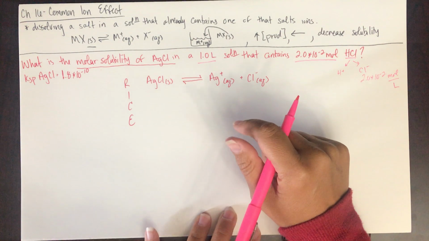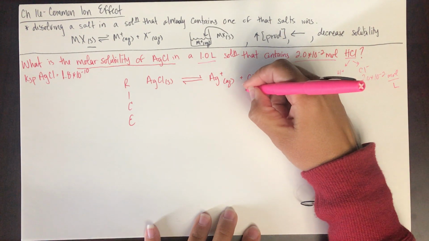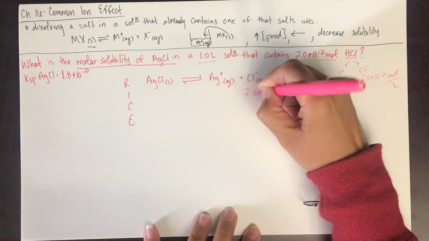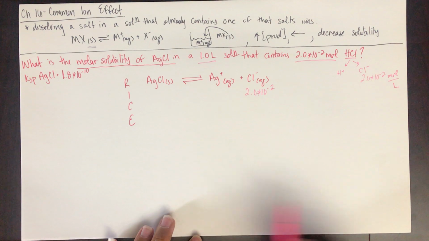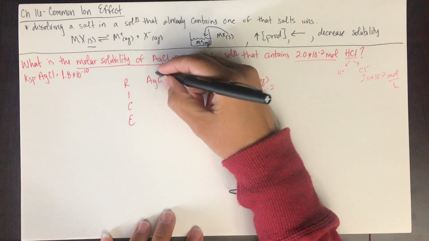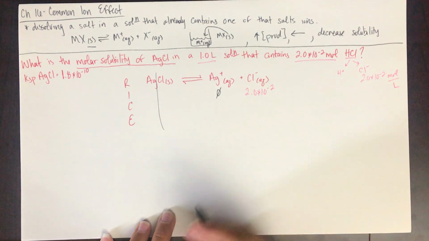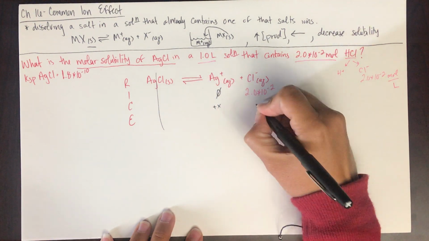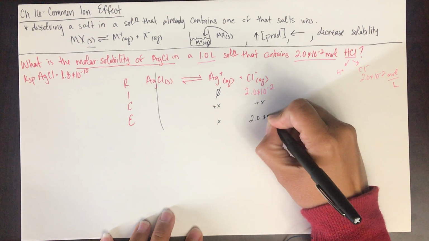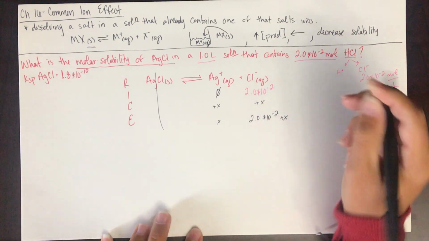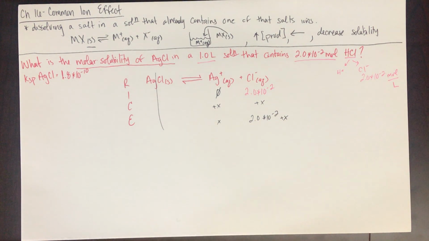That means this is the concentration of chloride that I start with initially. Because it's in a 1 liter container, this is the molarity. Remember, the only thing that goes in the equilibrium table is molarity. So I'm going to say we're starting with 2.0 times 10 to the negative 2 molar chloride ion when we start this. So we don't start with any silver ion. And now we're going to solve for x, because remember, x is the molar solubility in these equilibrium tables.